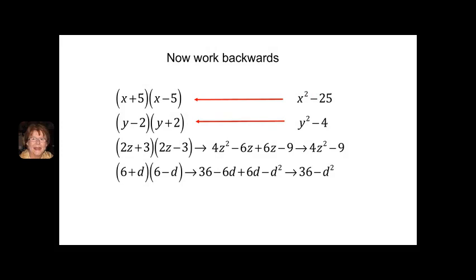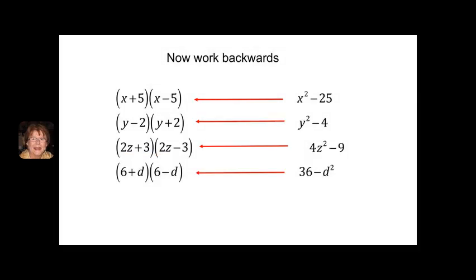Notice in the second example, y squared minus 4, we have the difference of two perfect squares. When we work backwards, we get y minus 2, y plus 2. The third example, 4z squared minus 9. If we're going to find the factors, we obtained 2z plus 3, 2z minus 3.